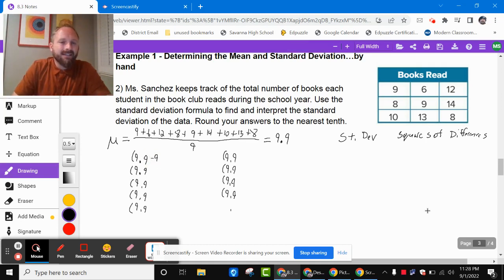But you also have to square it. So now we just write this out and we square it. We do 9.9 minus 12, and then we square it. And then we do 9.9 minus 8, but we square it. And we do 9.9 minus 9, but we square it.